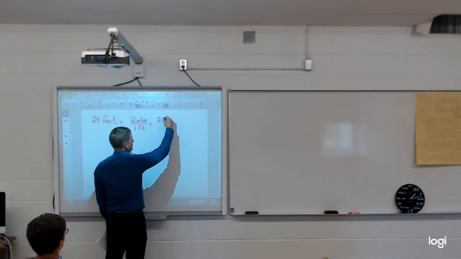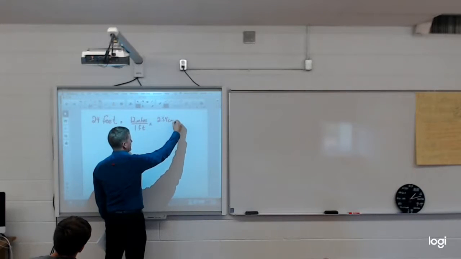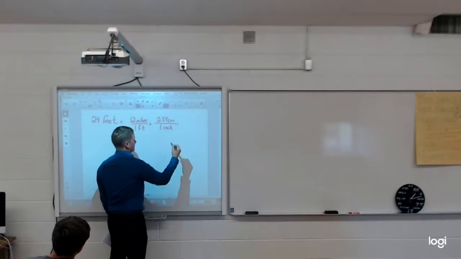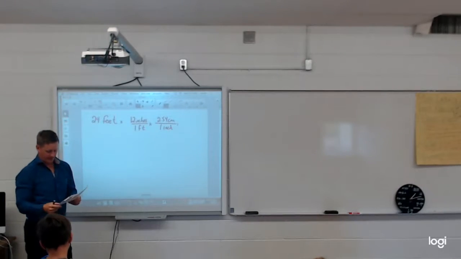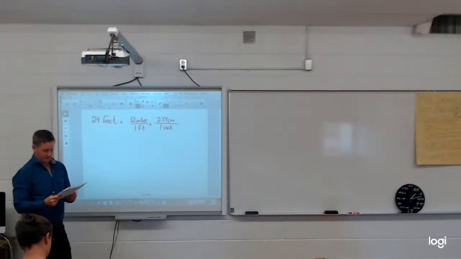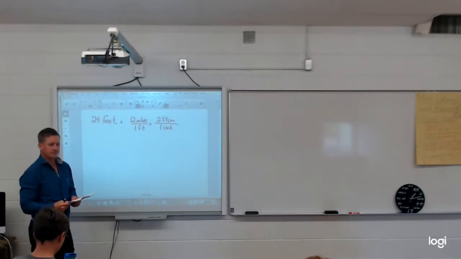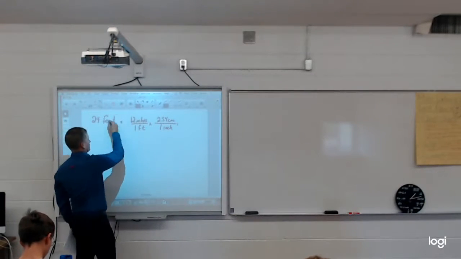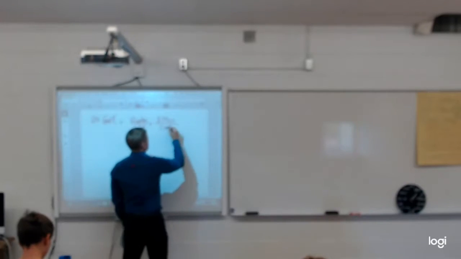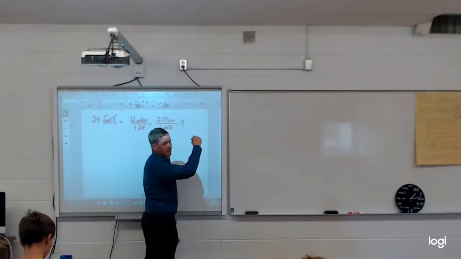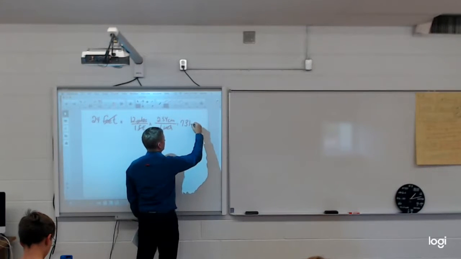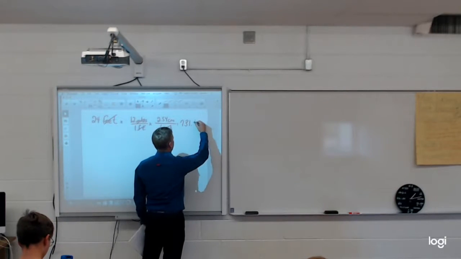So now 2.54 centimeters in 1 inch, right? So times 288 by 2.54. 731.52.